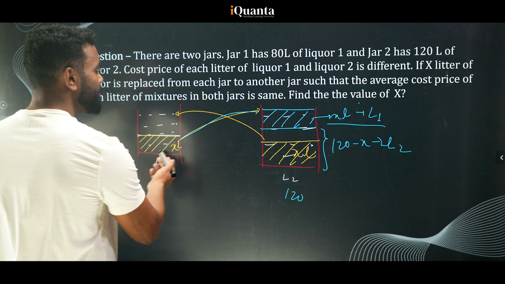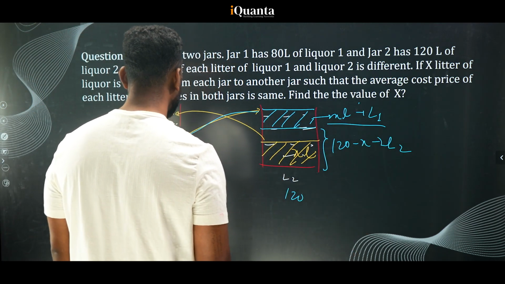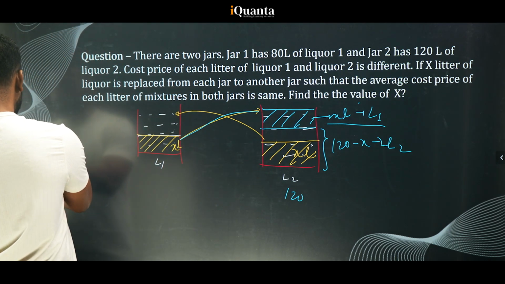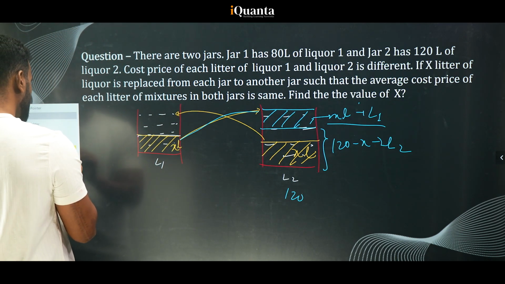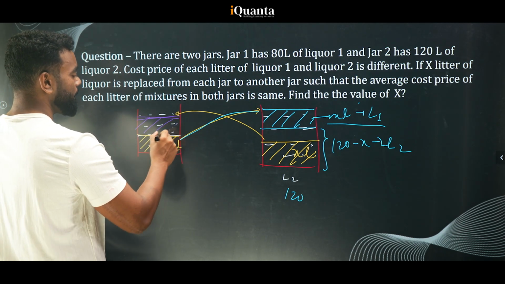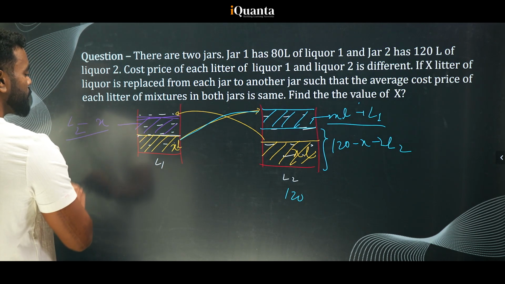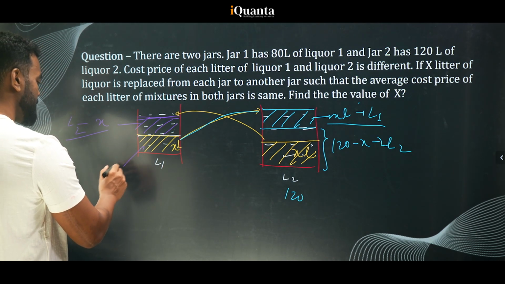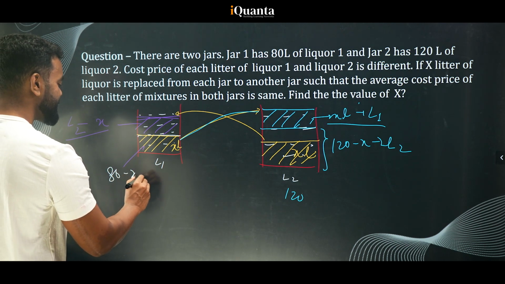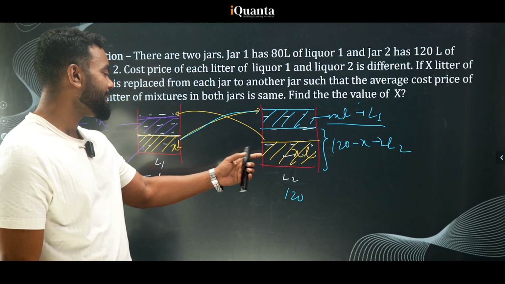Because X liter coming from here to here is liquor 1, and 120 minus X is liquor 2. Now similarly, this X is coming from here to here, let's say in this color. This X liter is liquor 2 here, and 80 minus X is liquor 1, right? Because X liter of liquor 1 is going there and X liter is coming here.